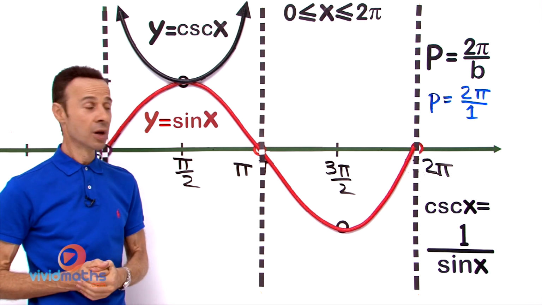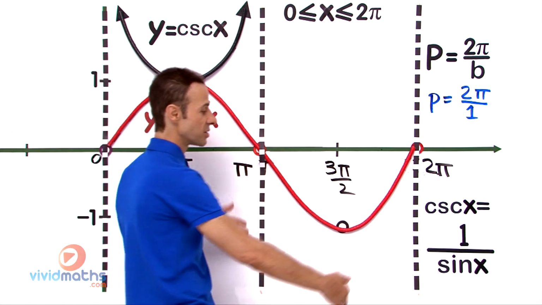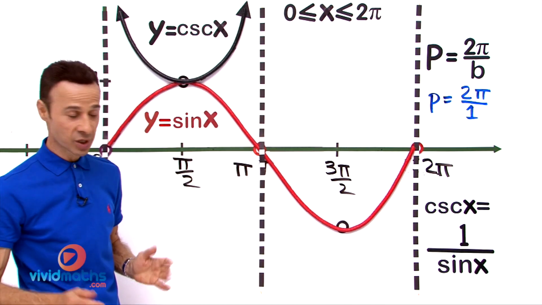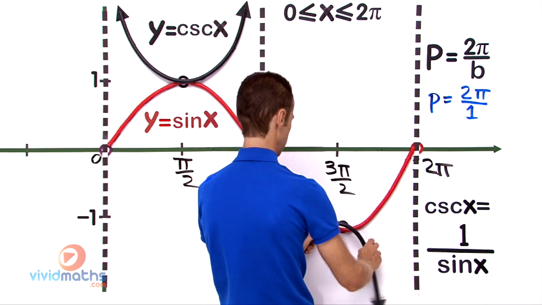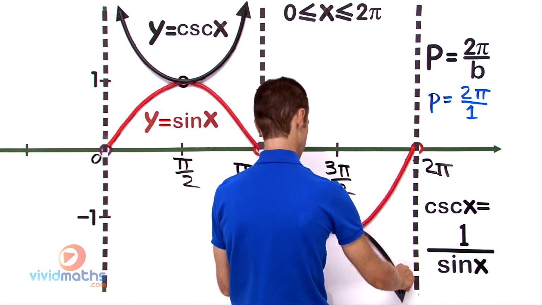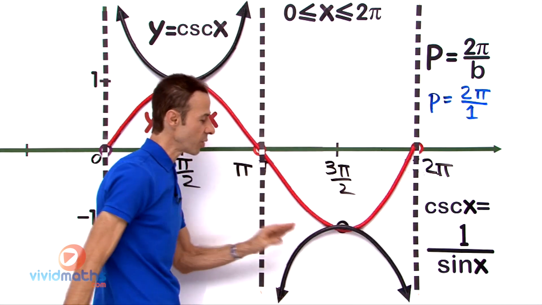So cosec of 3 pi on 2 is also -1. And there are its boundaries right in there, so it's going to be tucked away in there. It's going to have that U shape again, so it's going to look like this. There it is, tucked between the 2 asymptotes right over there.